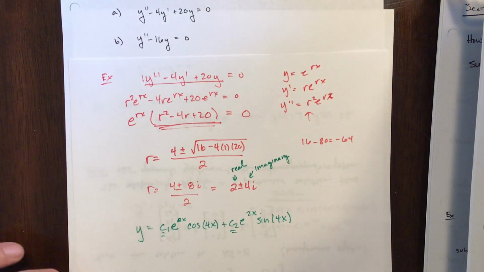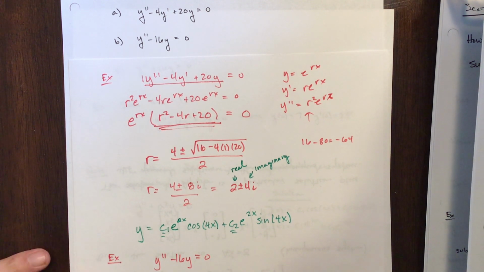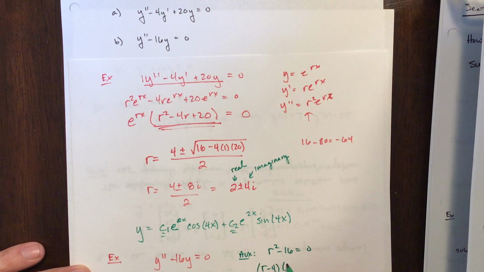Now, with the second example, we have y double prime minus 16y is equal to 0. So what is our auxiliary polynomial for that? So the auxiliary polynomial is r squared minus 16 equals 0. So that is r minus 4 times r plus 4.